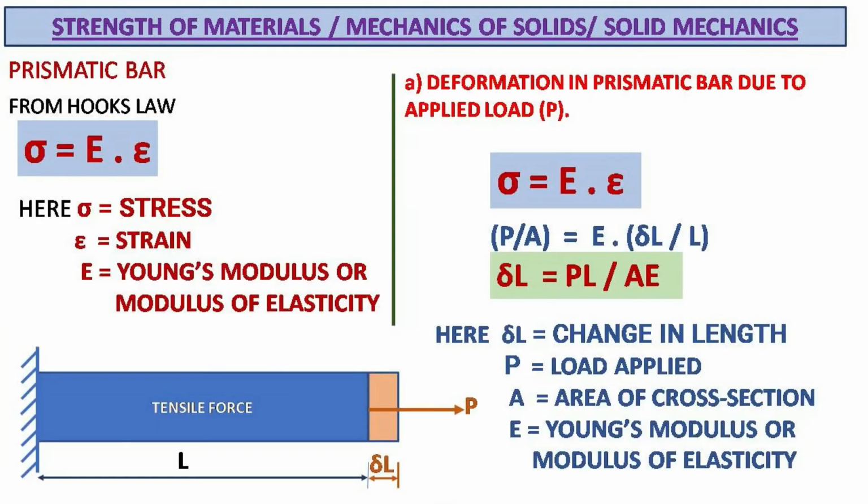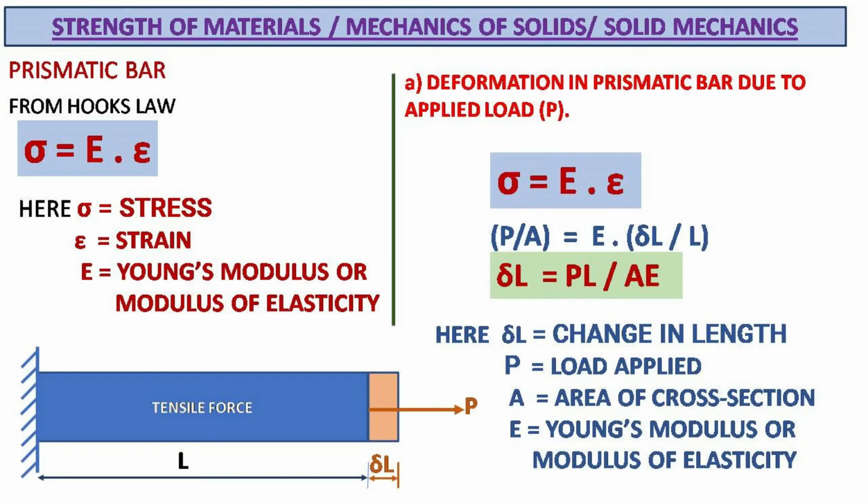Slide 12. In this slide we are deriving an equation for deformation in a prismatic bar subjected to a load P. We know the equation of Hooke's law is, stress equals E times strain. Sigma equals E times epsilon.